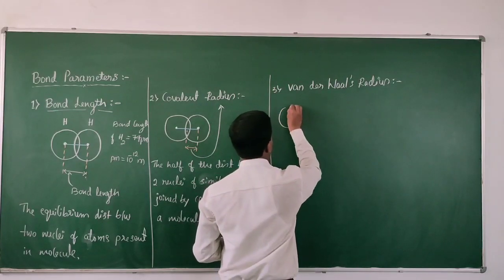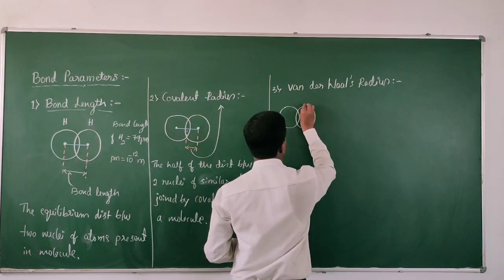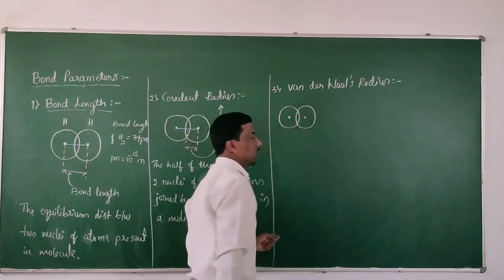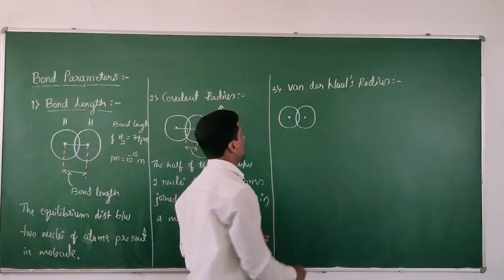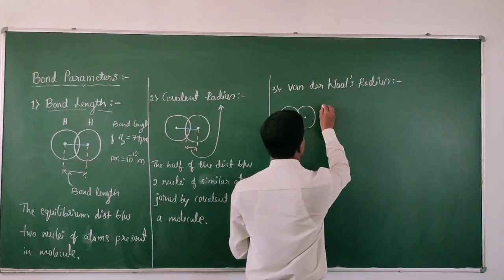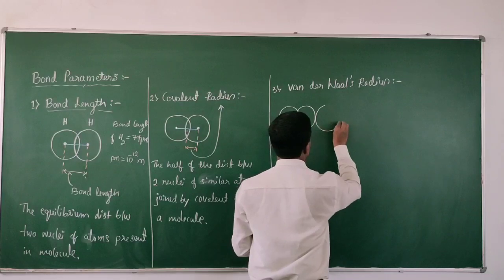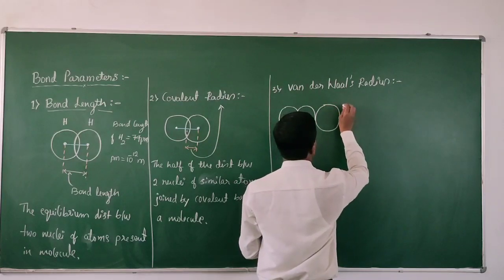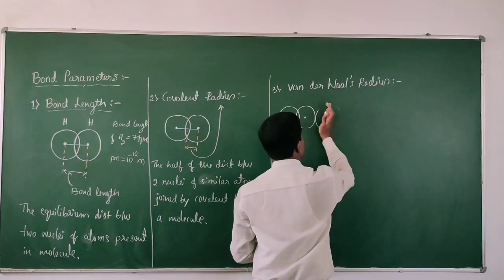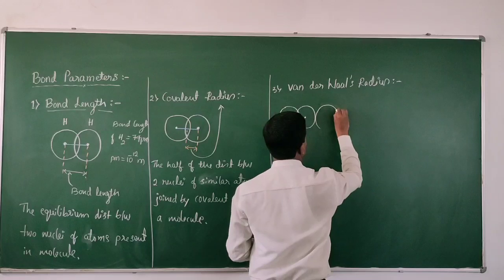Okay, next one. Consider the diagram now again. These are two atoms of a molecule in a solid. In the solid order. Now consider here another atom here.